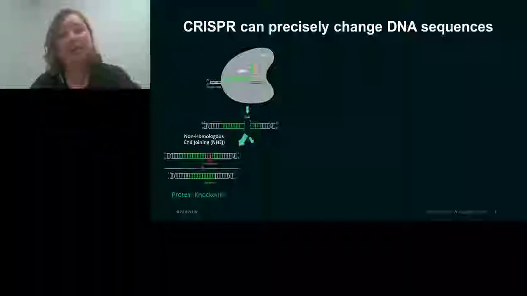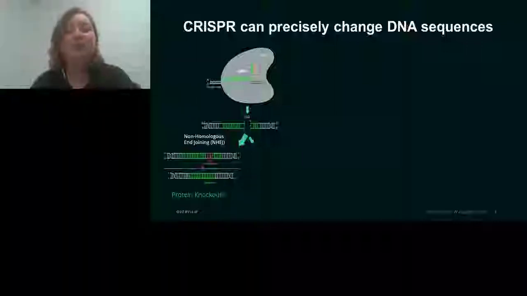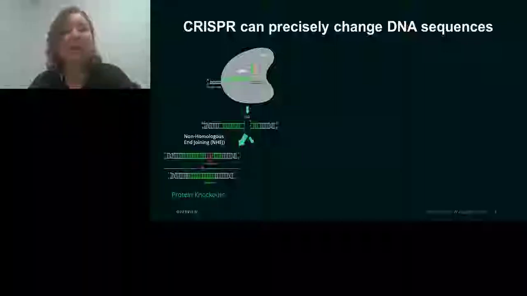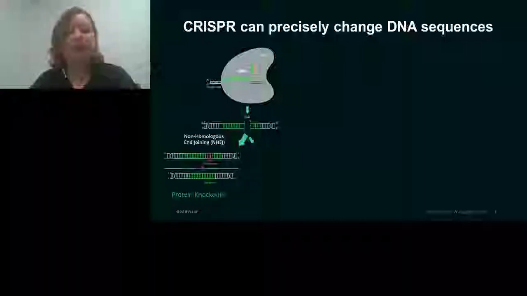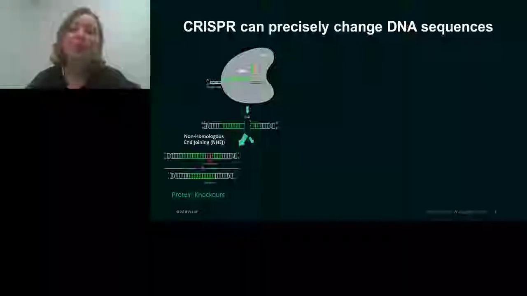Once it makes that double-stranded break, obviously that's in the genomic DNA. That's not something the cell wants to put up with. And so the cell will try to repair that using a process called non-homologous end joining. And this is whereby the cell will try to put insertions or deletions within that cut site to try to repair it so that the cell can go on and still be living and stable. And so using this type of double-stranded break, we can cause a protein knockout.